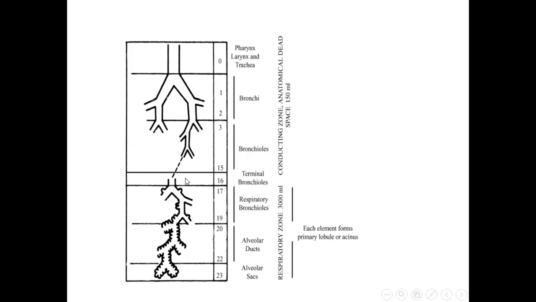The conducting zone does not participate in gas exchange. After the terminal bronchioles, the respiratory bronchioles divide a further 7 divisions, ending with alveolar sacs. The area from the respiratory bronchioles downwards is called the respiratory zone because gas exchange occurs in this zone.